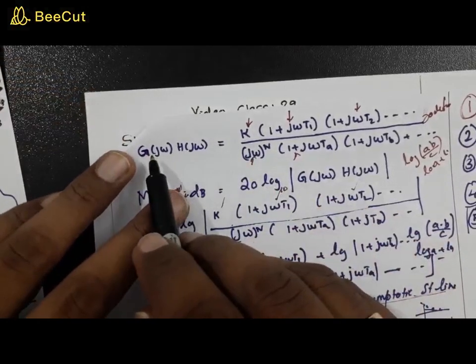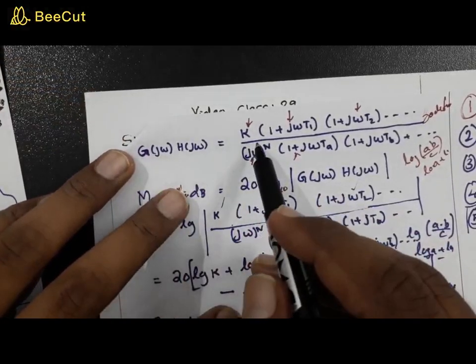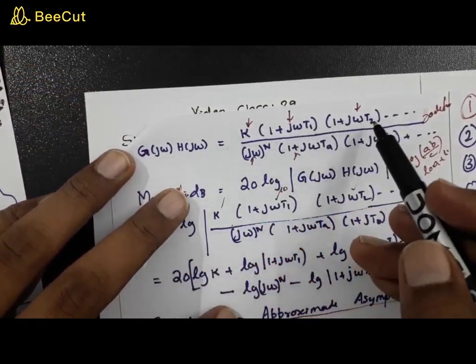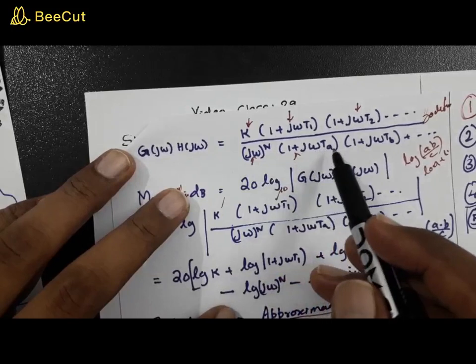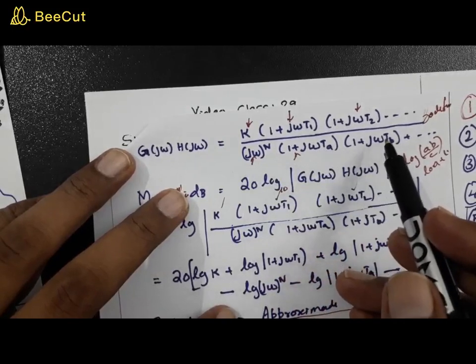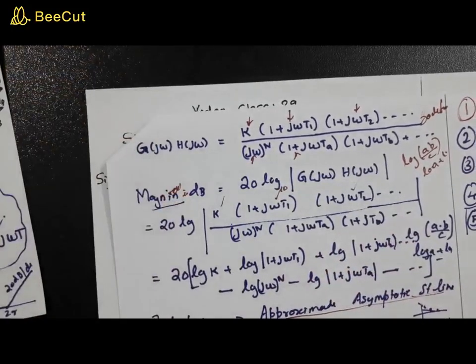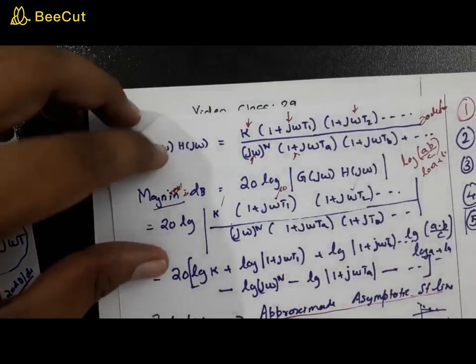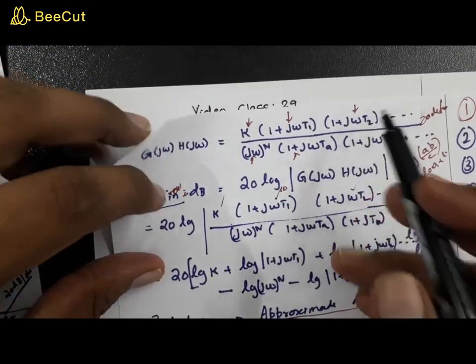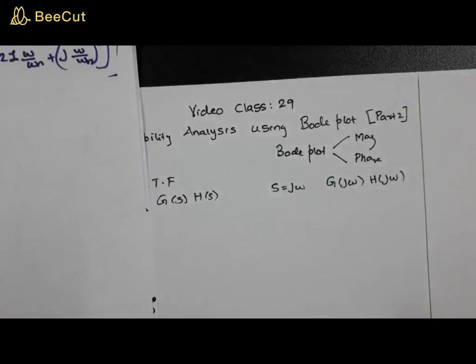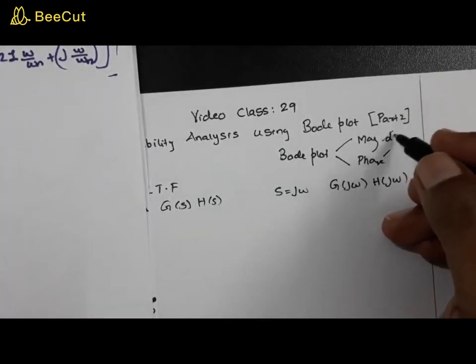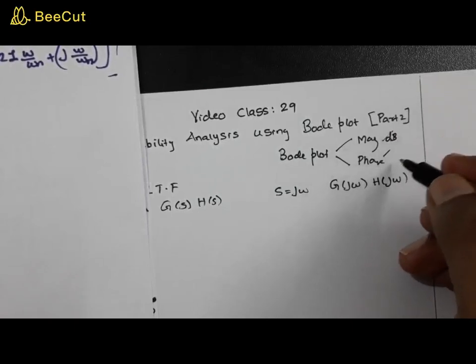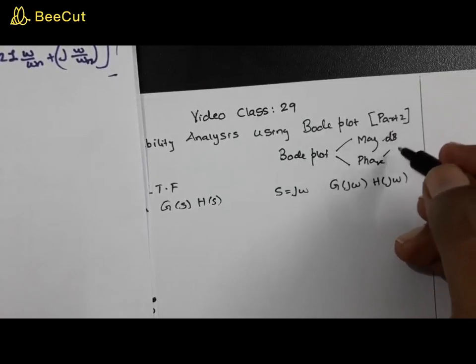So we know that this G(j omega) is K into (1 plus j omega T1) into (1 plus j omega T2) divided by (j omega) raised to n into (1 plus j omega Ta) into Tp. From this given transfer function, we will be finding out the magnitude and phase. The magnitude is usually expressed in decibel, while the phase is shown as such.